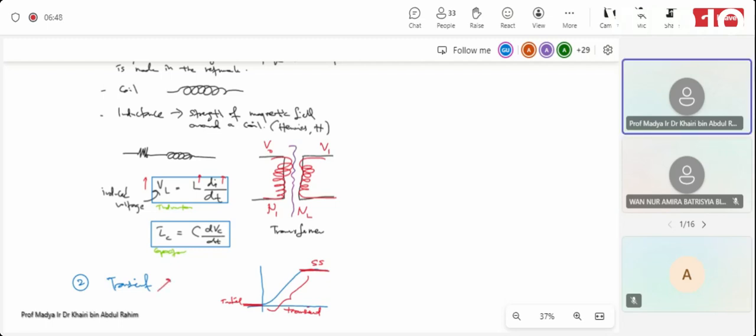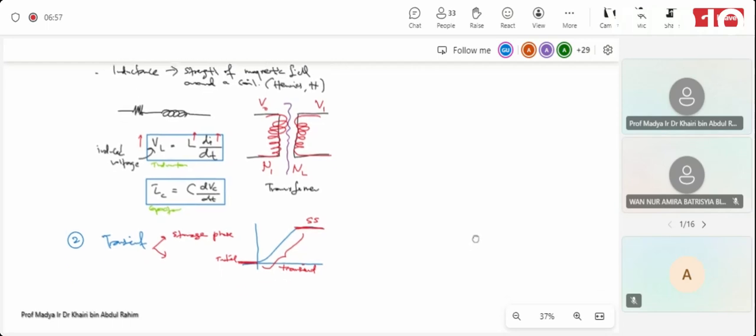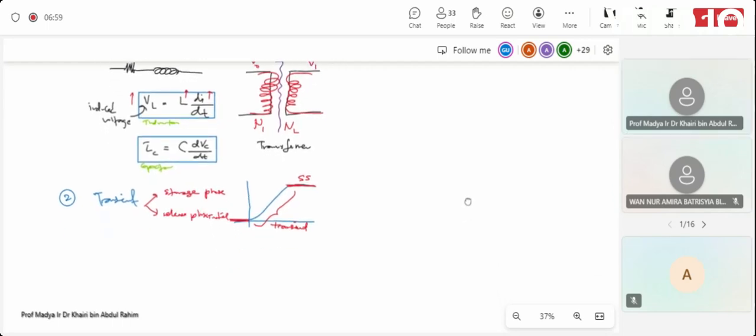So in inductors, we have storage phase and release phase. Okay, so if you remember yesterday, for capacitor, we have charging and discharging in terms of electrical field. But for inductor, it's storing and releasing in terms of magnetic field. Okay, magnetic field because of the coil.